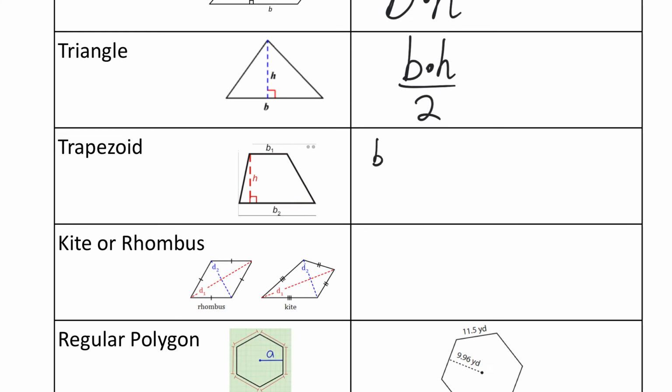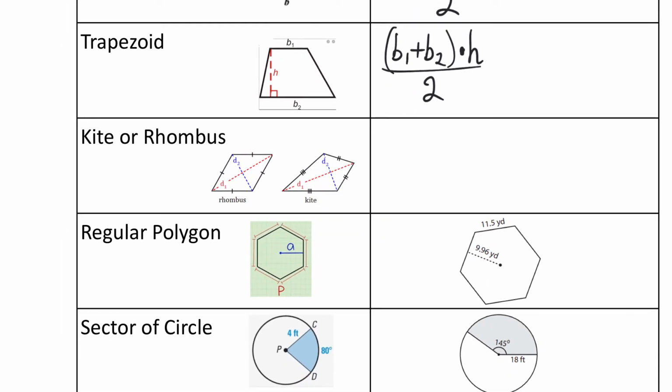Okay, for a trapezoid, base times... okay, and I write this a little bit different. I put the H on the end instead of at the beginning, but it's the same thing. Base 1 plus base 2 in parentheses times the height divided by 2. Okay, area formula for a kite or rhombus, same thing.